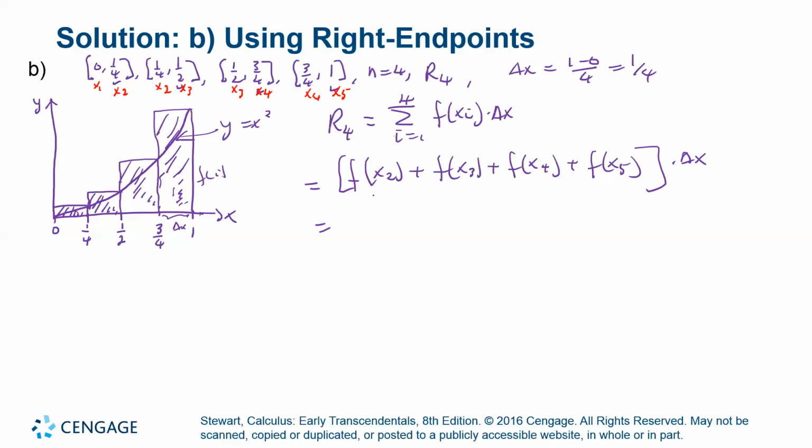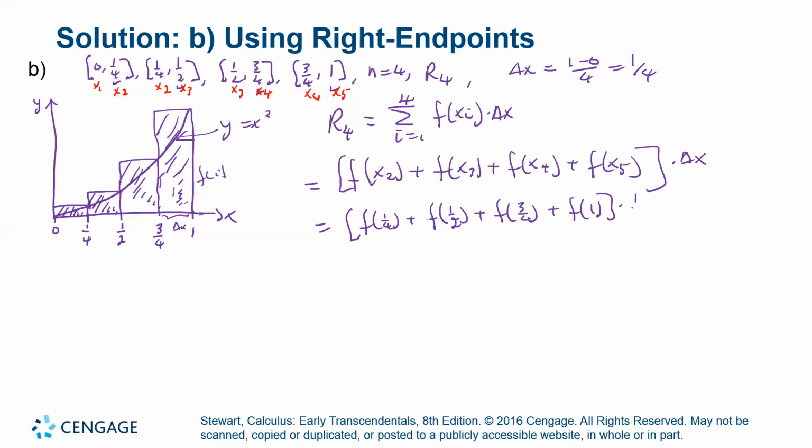So therefore, this is f of 1/4 plus the function value at 1/2, plus the function value at 3/4, plus the function value at 1.